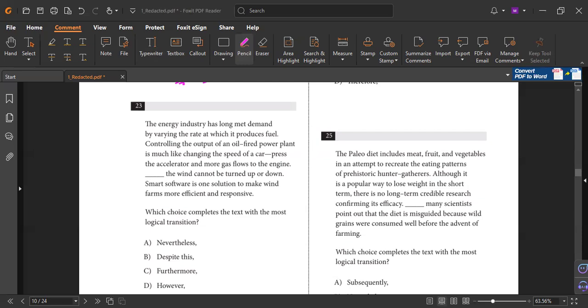D. So letter D is the best answer. Now let's find something very important. A and B have the same meaning, both of them wrong. You remember the synonym language? Okay, but so what's the difference between A and B and D?